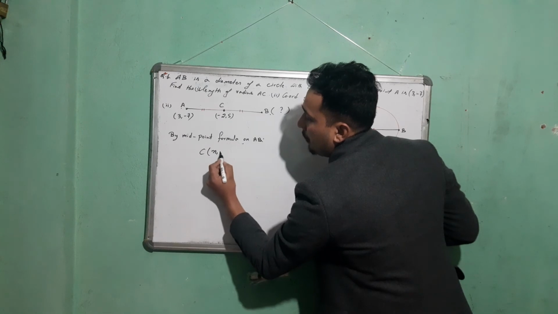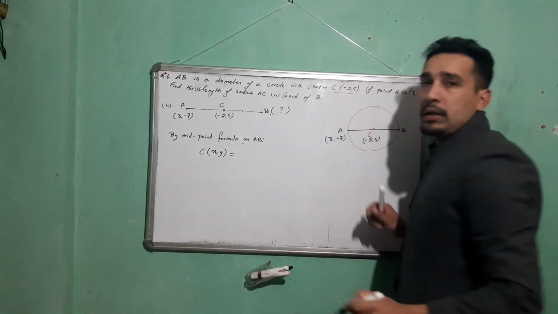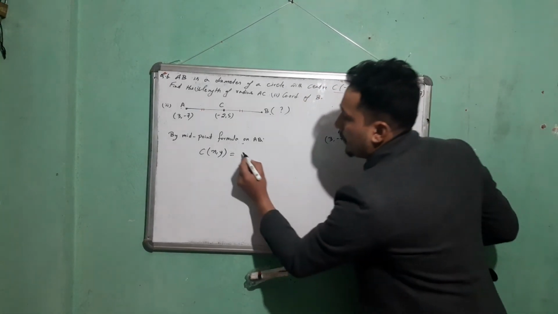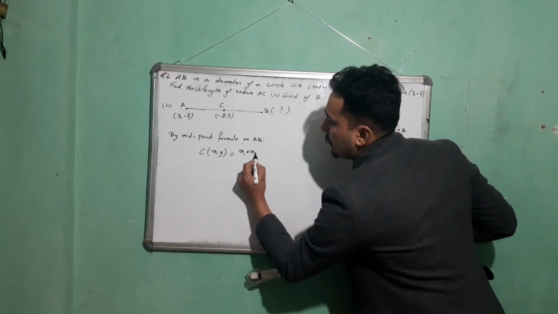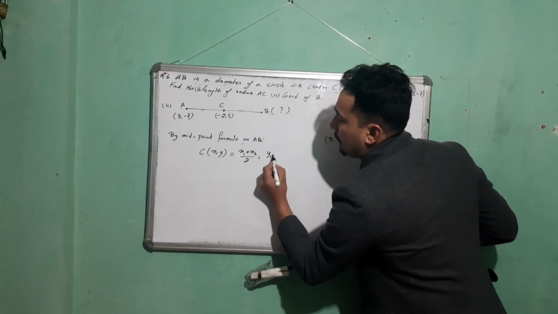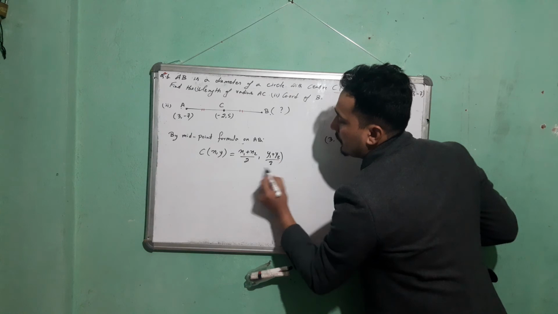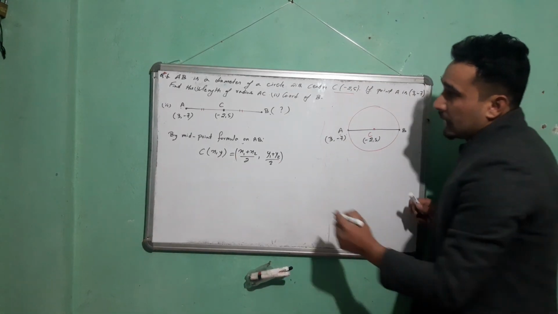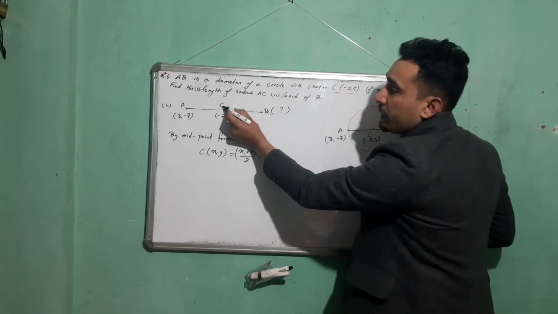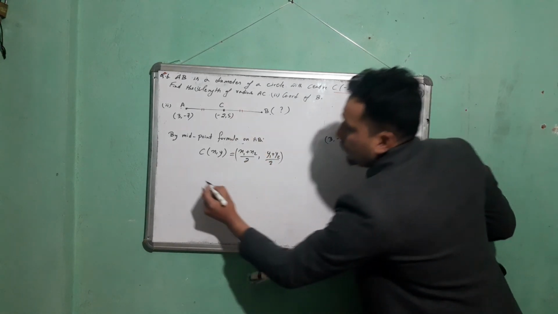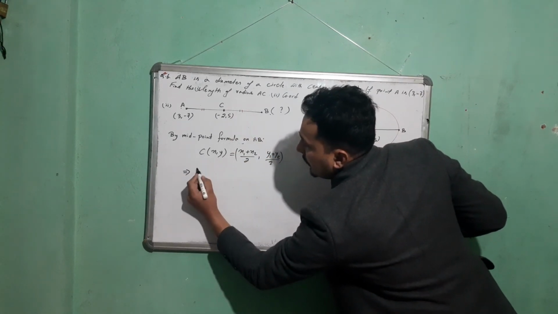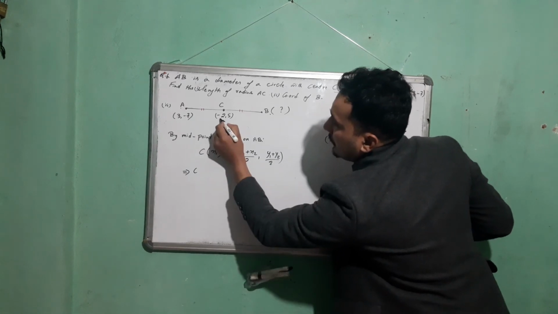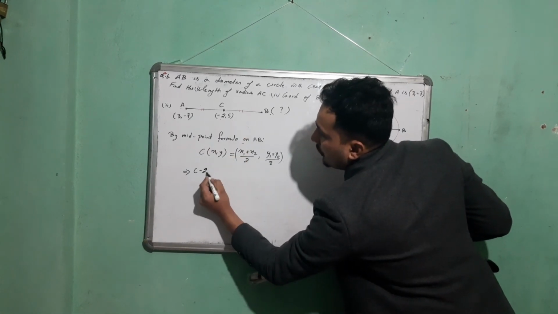C x comma y is equal to, midpoint formula is x1 plus x2 divided by 2 comma y1 plus y2 divided by 2. This is the midpoint formula which I gave you in the previous video. So in the middle, in place of P we have C. So C x comma y, this is x and this is y, minus 2 comma 5.